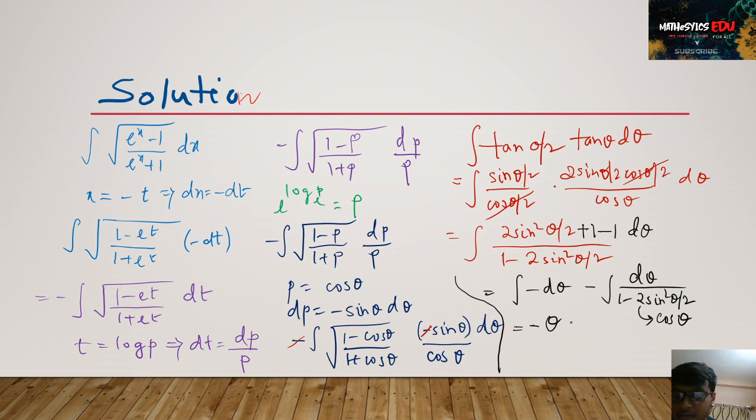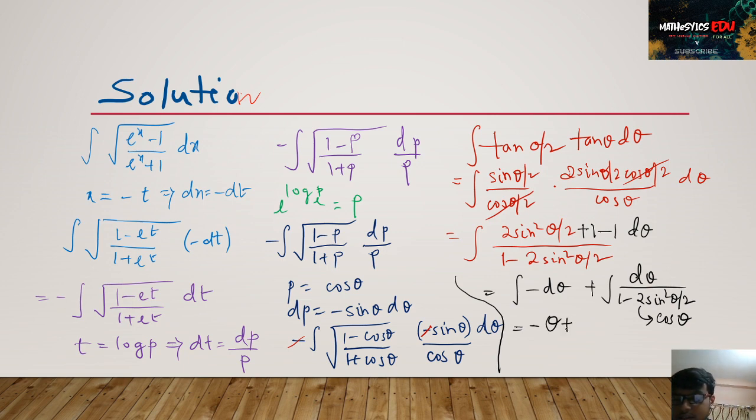Minus, here is a minus sign. Why? Because there is plus 1. This plus 1 divided by 1 minus 2 sin square theta by 2 will be coming out, and 2 sin square theta minus 1 will be yielding minus d theta.